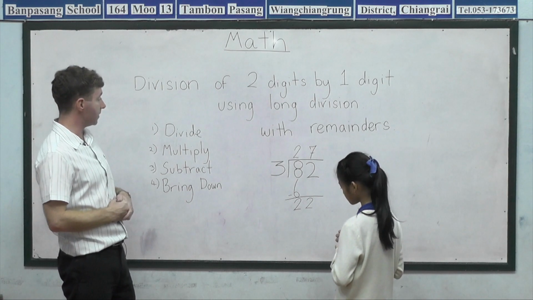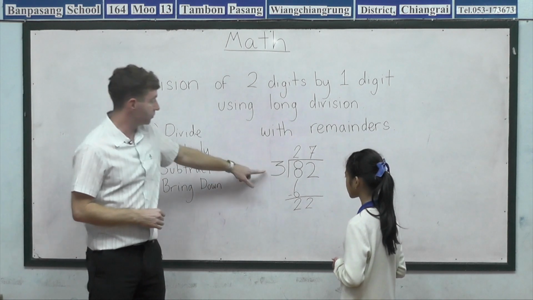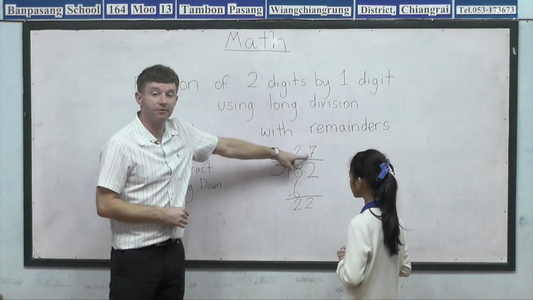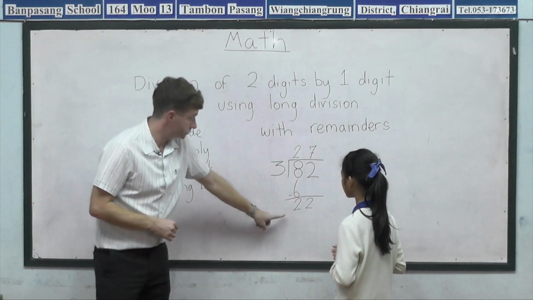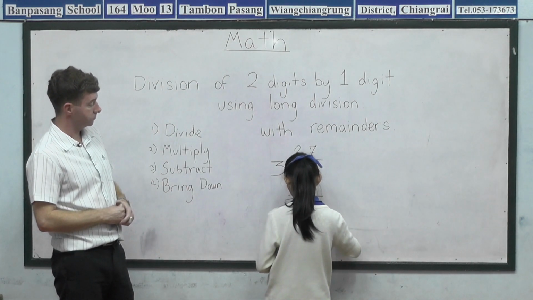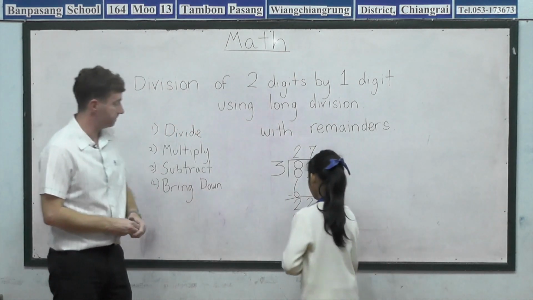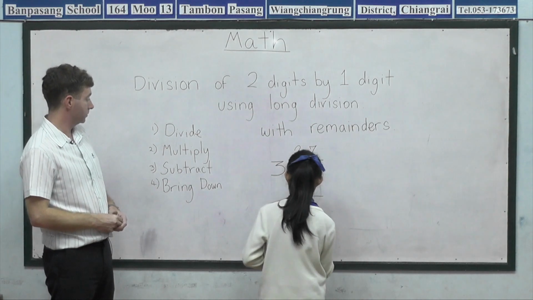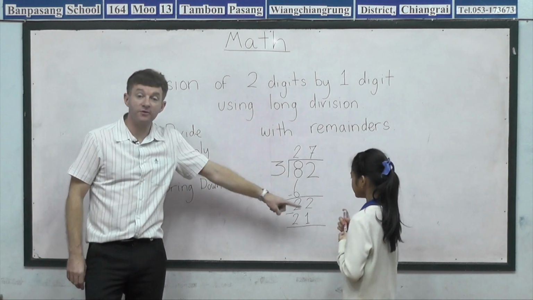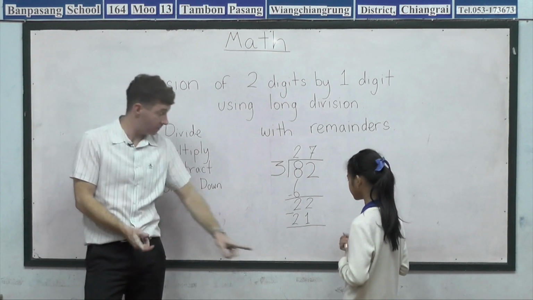So what's the next step? We need to multiply 3 times 7. So let's write 21. And then we can have our minus sign here. So 22 minus 21 equals 1.